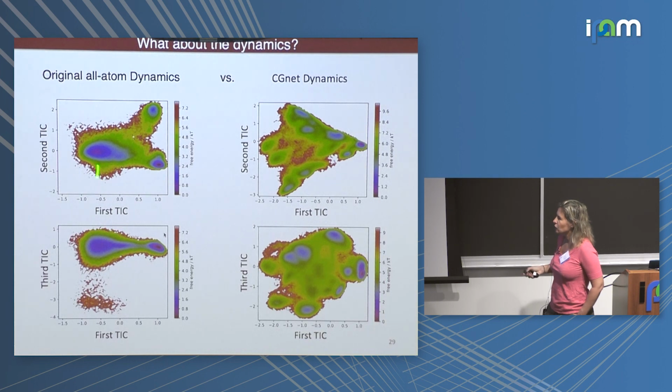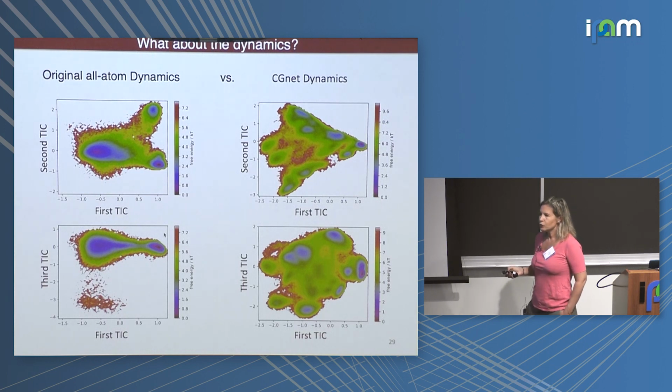This is for the original all-atom model, where you project the free energy on the first and second slowest modes. But this is what happens if you do it for the CGNet dynamics. You find the same folded state, but the unfolded state spreads out into many different subminima. And this is if you do it for the first and third. Again, you find many subminima.